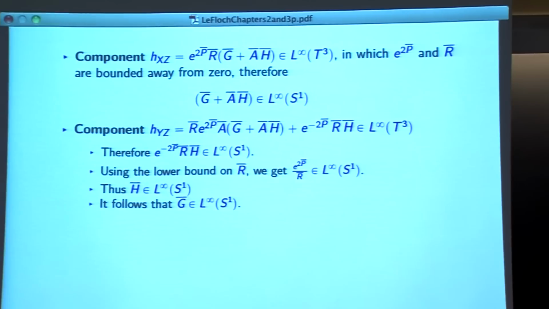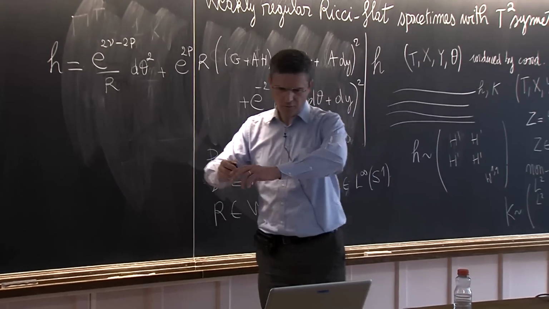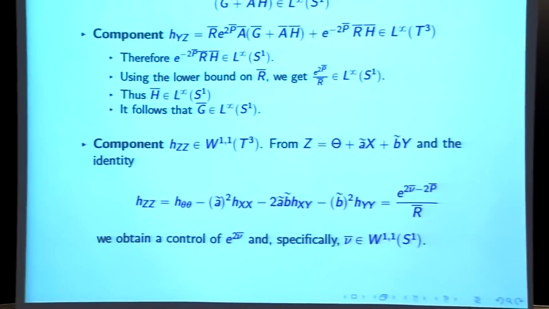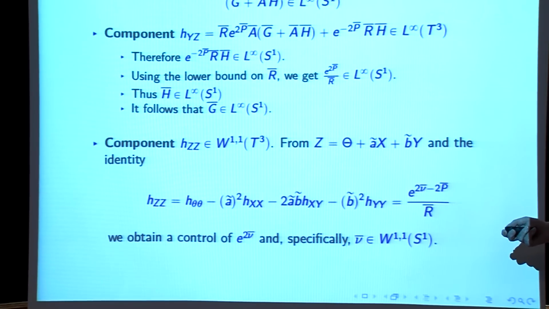Okay. So there is some algebra like this that you have to do. And maybe the final component is the HZZ component. You remember that this is really the worst one, so you have to be careful about it. You remember that Z was in the orthogonal defined like that, defined by projection in this way. And so if you compute HZZ from the metric, HZZ is not quite H theta theta. There is a correction that is given by that. It is computed to be this.